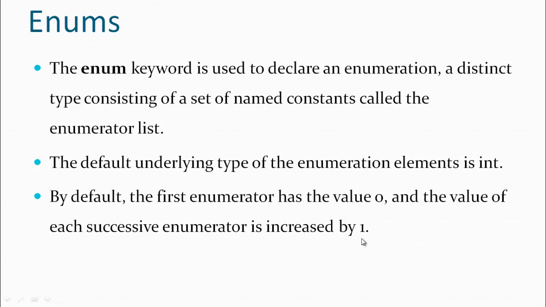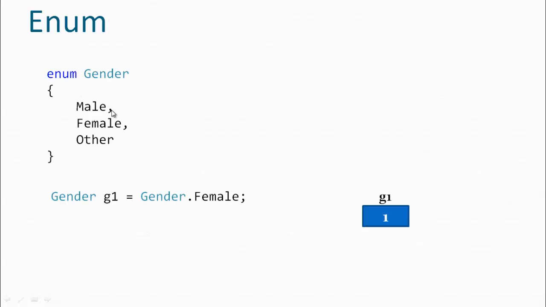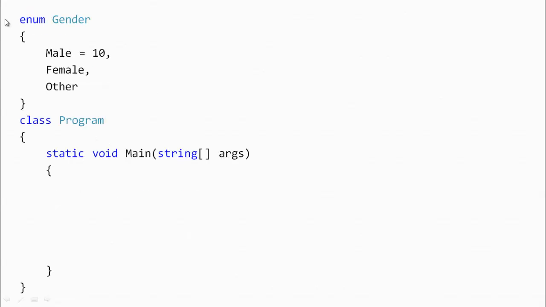Here you can see that male is 0 by default, then female is 1 and other is 2. In this example we are creating Gender, but this time I am initializing male with value 10. So female will be represented as 11 and other will be represented as 12.